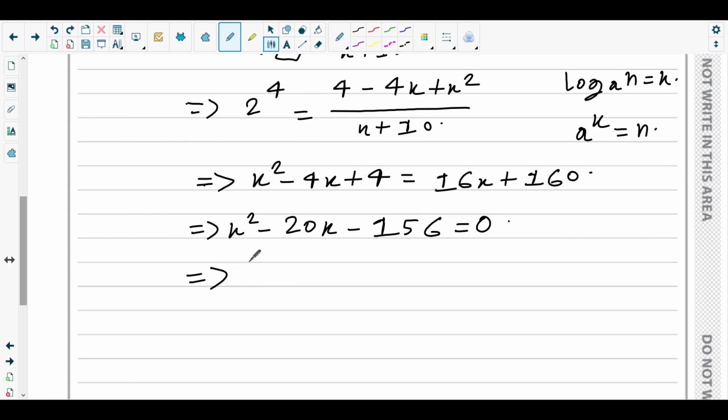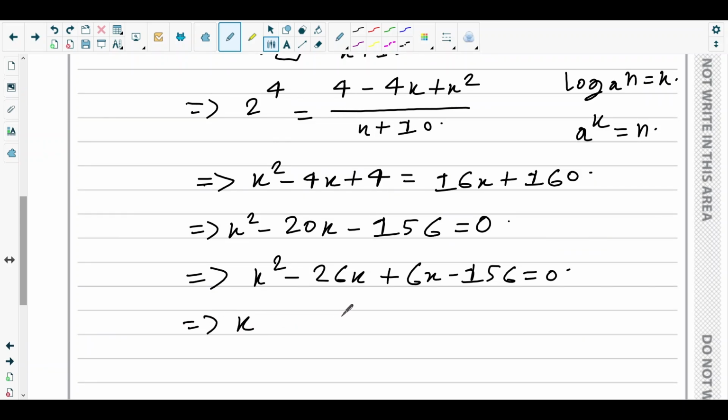Can we do the middle term? Let's have a try. 26 times 6, exactly, it works. So it will be x squared minus 26x plus 6x minus 156 equals 0.